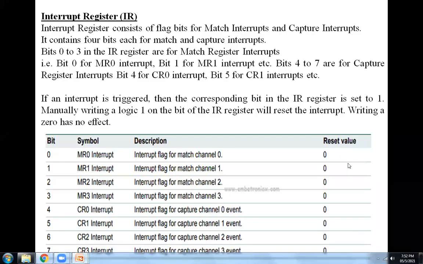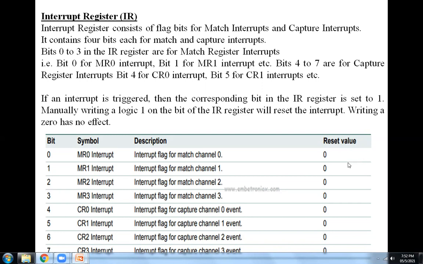Now in front of you, you can see the interrupt register. Now I am giving you an idea about the purpose of the interrupt register. The interrupt register consists of flag bits for match interrupt and capture interrupt.